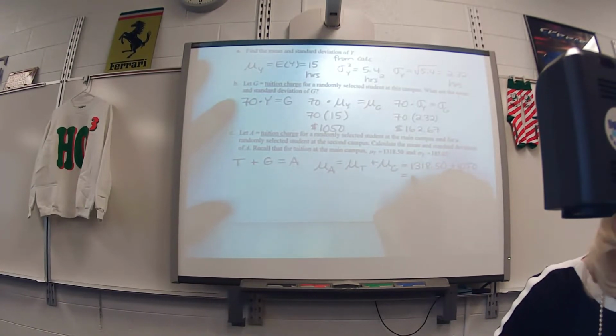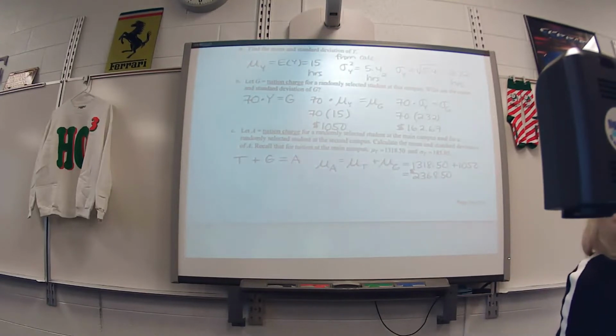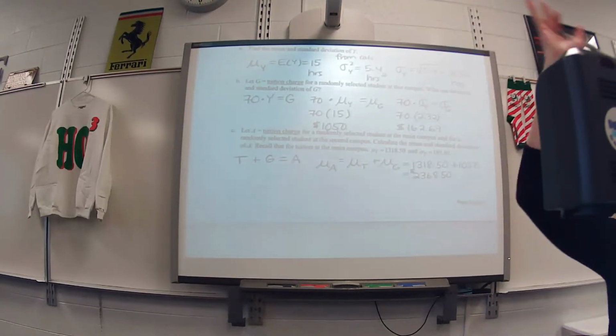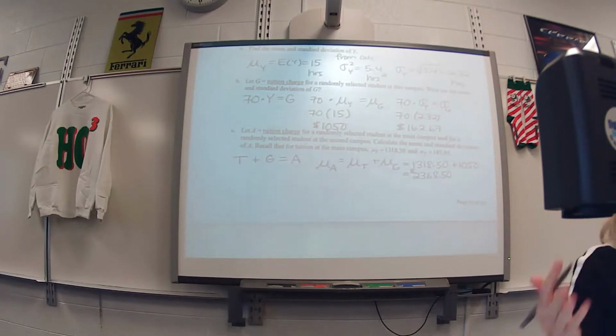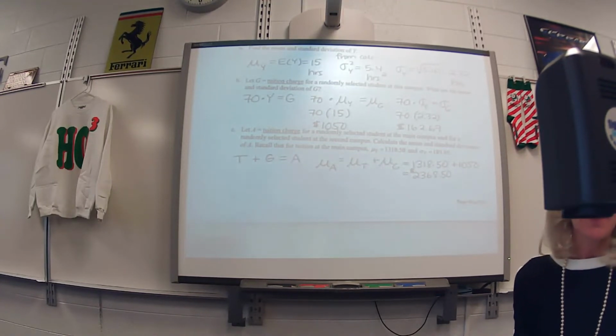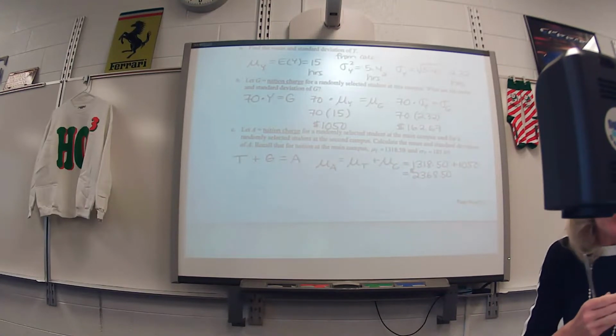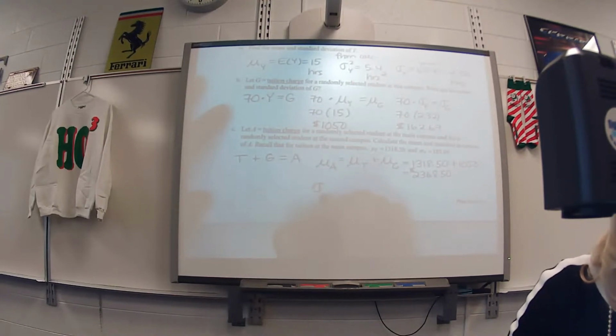That comes out to be $2368.50 because that's total tuition for a student at the other campus and a student at this new campus. What it means is, after a whole bunch of kids have registered for classes at both campuses, if I randomly select one from the main campus and one from this new campus, on average I would expect the total tuition to be about that much money for the two students together. But standard deviation measures how far away from the mean you could be. So now we have to do standard deviation for A.